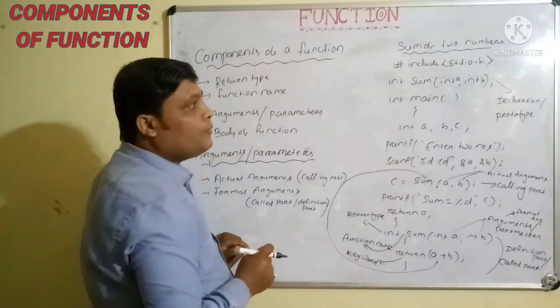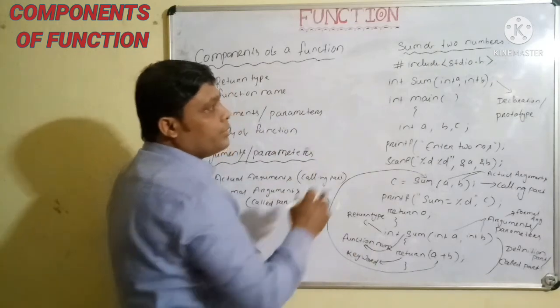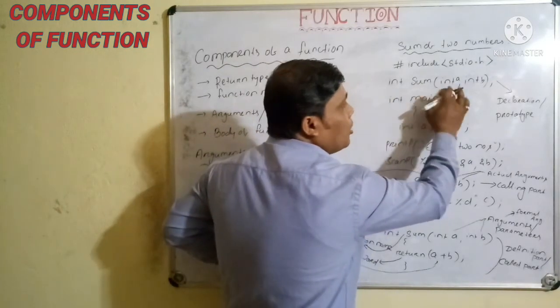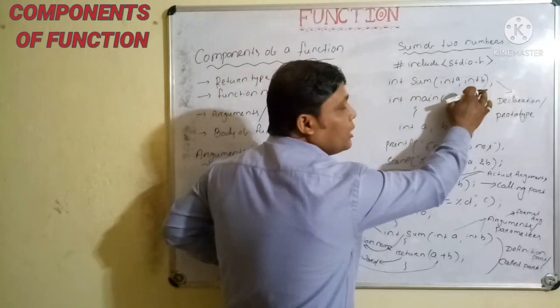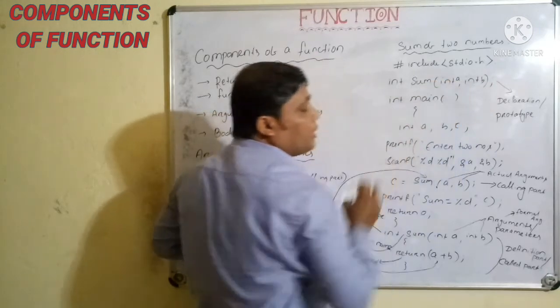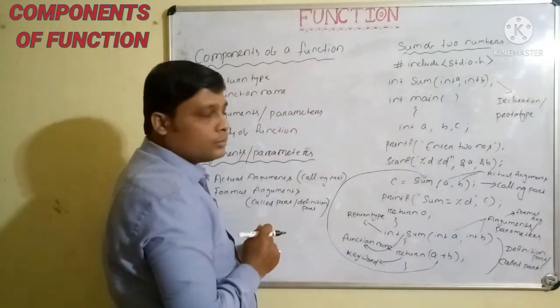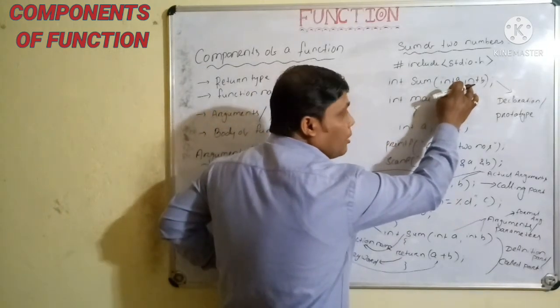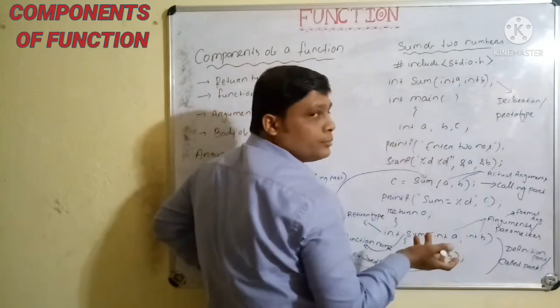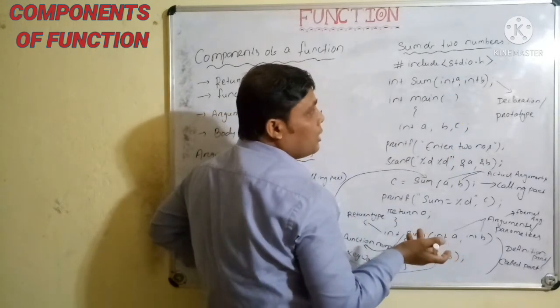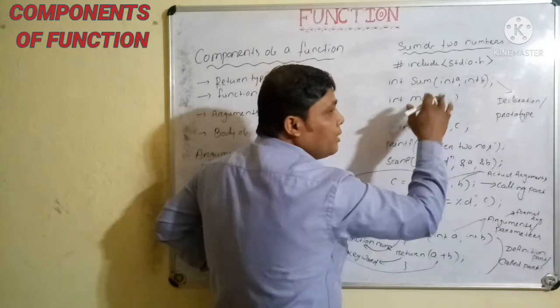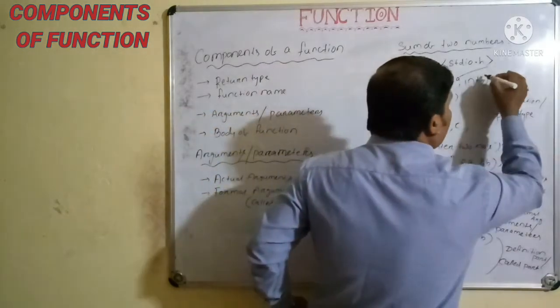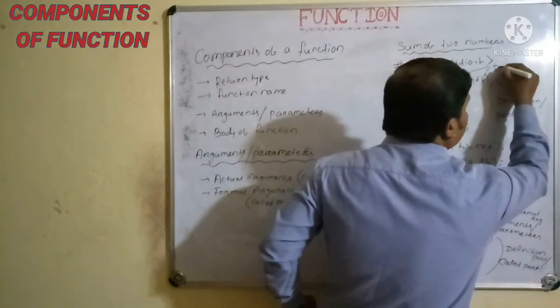If you are passing some arguments, then in the declaration part you have to give the argument type. That is mandatory. But you may write the parameter name or not. Clear? So these are called dummy arguments.